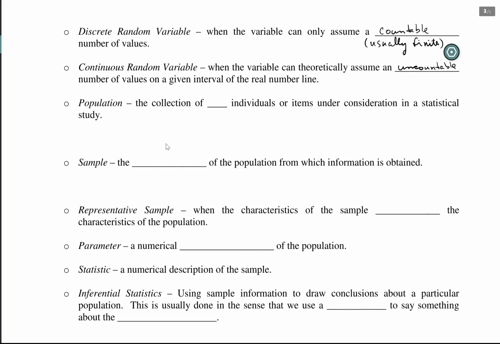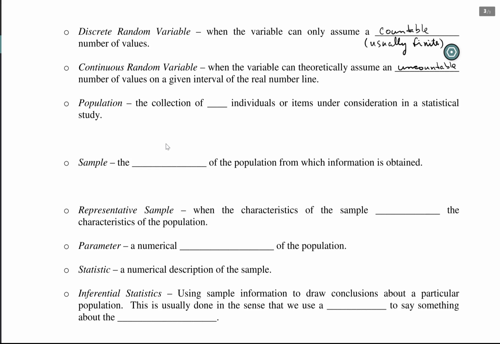Time, volume, length, those sorts of things are values that mathematically can be given any real number, and so we think of that as a continuous random variable. Throughout the text, we'll deal mainly with continuous random variables, but discrete random variables will have an important role as well.